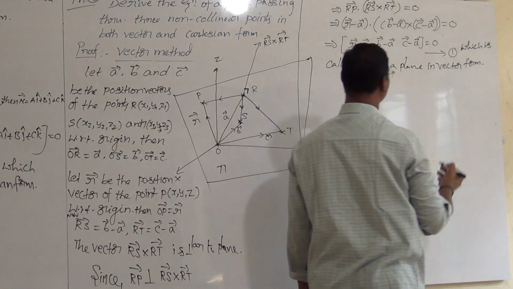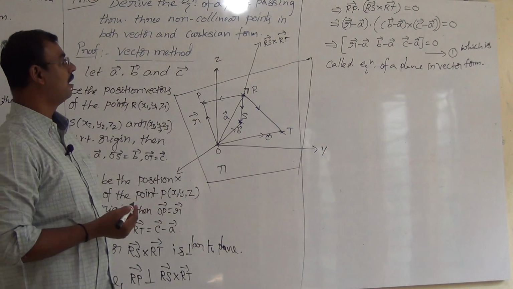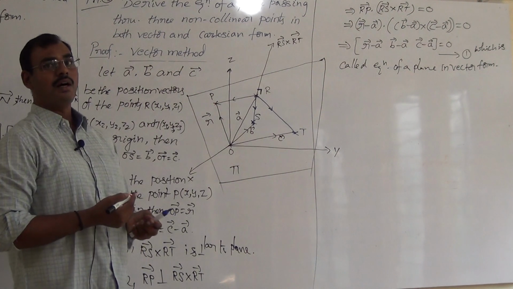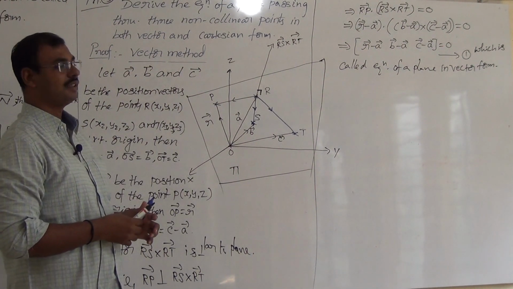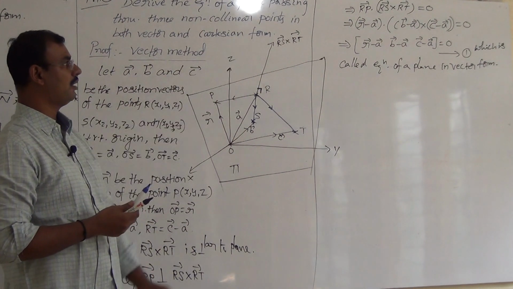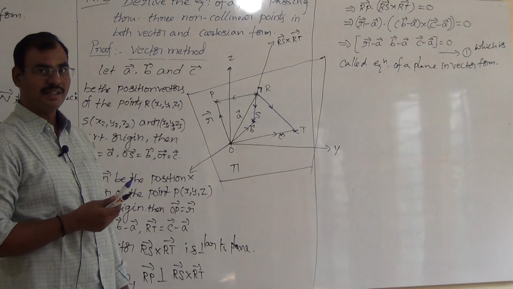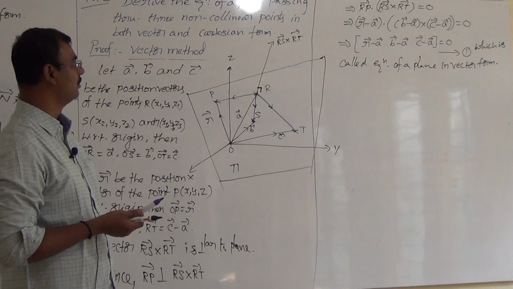Remember all of you, the equation of a plane passing through three non-collinear points in vector form is R bar minus A bar, B bar minus A bar, C bar minus A bar equal to 0, or else R bar minus A bar dot B bar minus A bar cross C bar minus A bar is equal to 0.